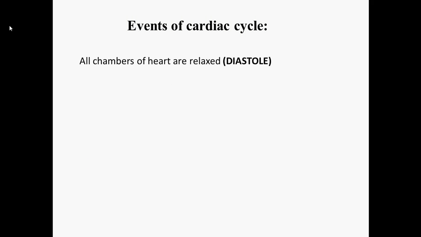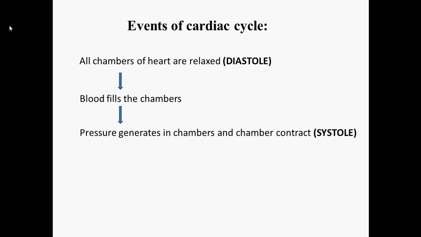Now what are the events of the cardiac cycle? First of all, the chambers of the heart are in a relaxed phase. That relaxed phase of the heart is known as diastole. Then the blood fills in the chambers which are relaxing. Then the pressure generates in the chambers and the chambers contract. The contraction phase is known as systole.